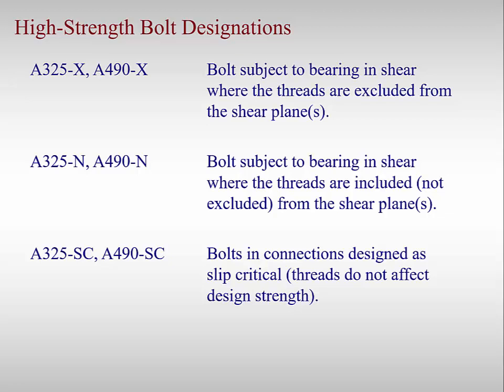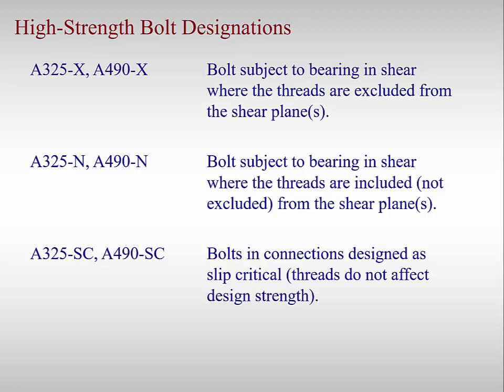Two thread conditions occur for bearing type connections. One is if the threads are not located in the shear plane, or excluded from the shear plane, and designated as X. The other is when the threads are located in the shear plane, or are not excluded, and are designated as N. High-strength bolts can be purchased with different thread lengths for a given overall bolt length.